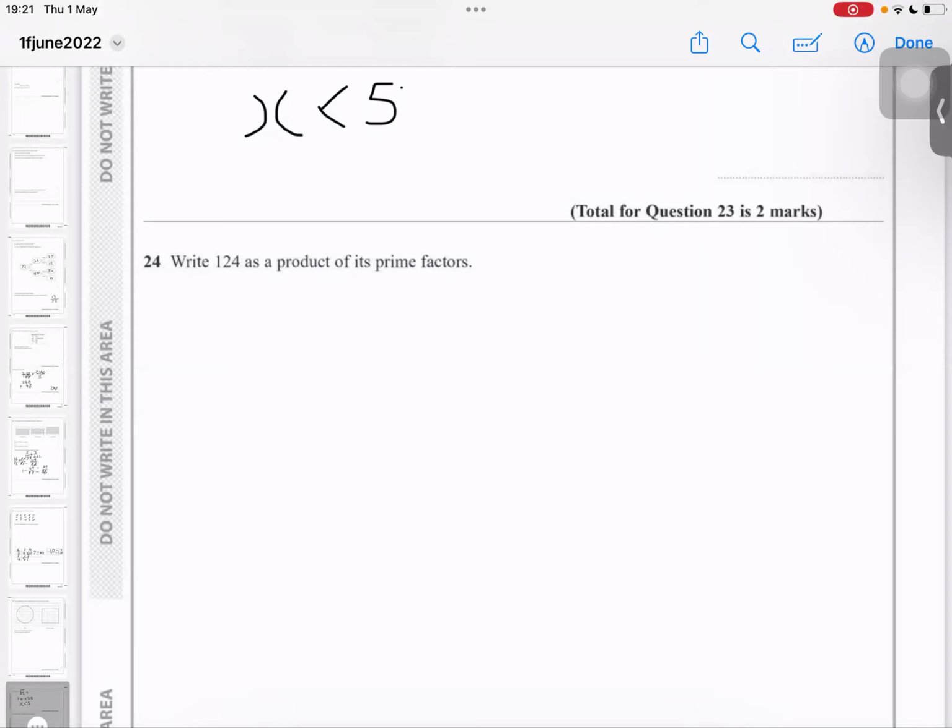Keep breaking it down again. 62 is 2 times 31, right? Yes. And 31 is a prime number, so we can't break it down further. So it's simply going to be 2 times 2 times 31, 2 squared times 31.